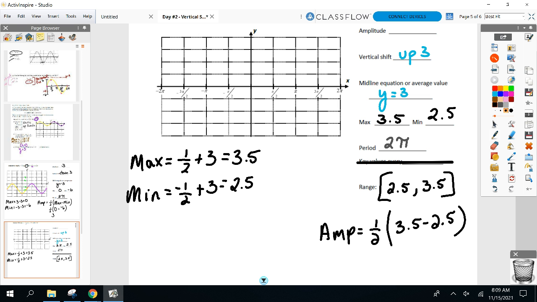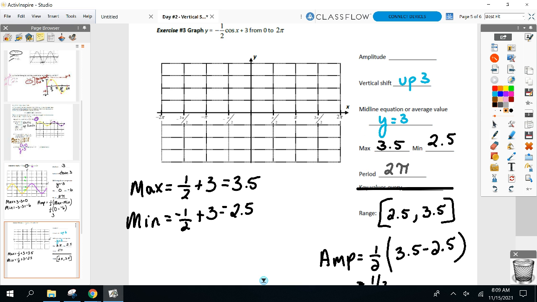Amplitude should be 1/2 of 1, which is 1/2. I don't know if anybody's seeing any patterns between the amplitude and the equation at all, but there is. But we'll keep using that formula.